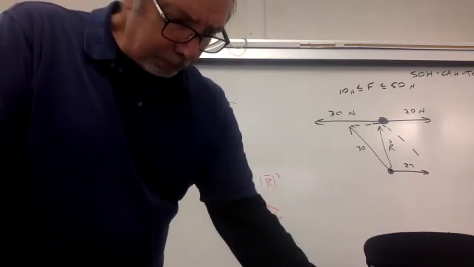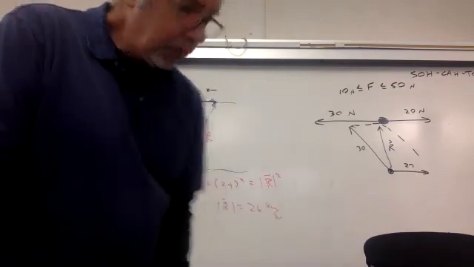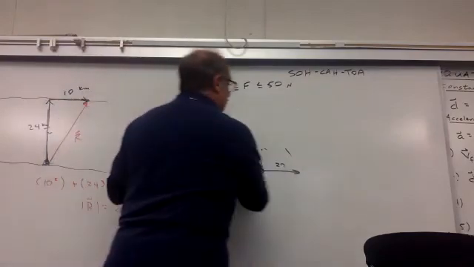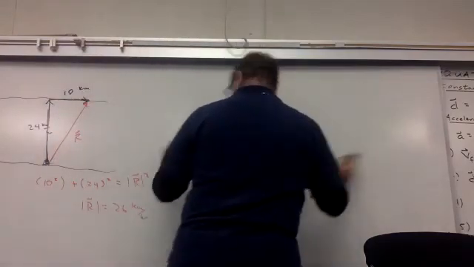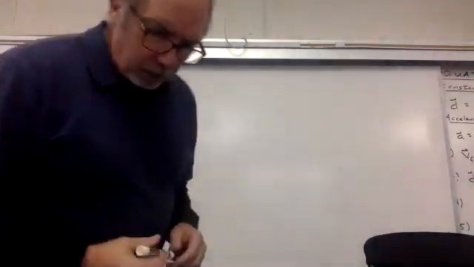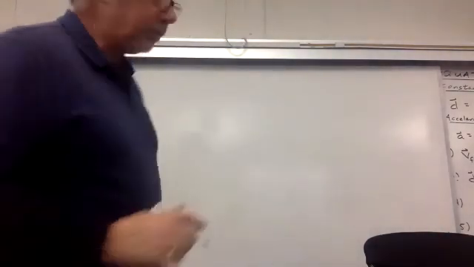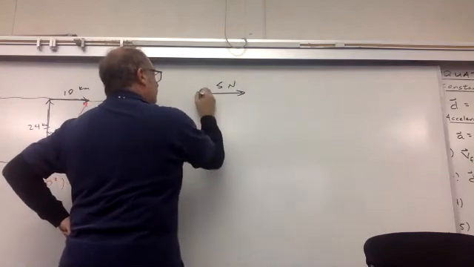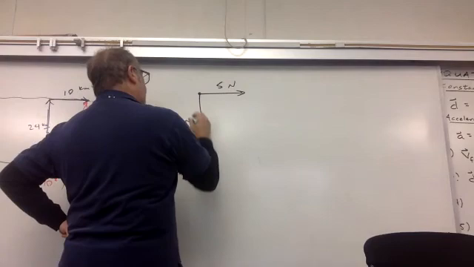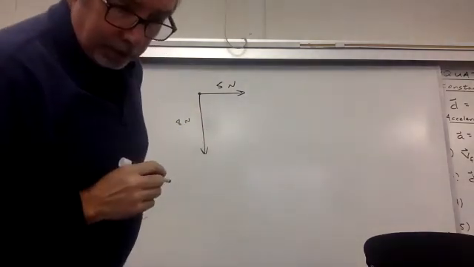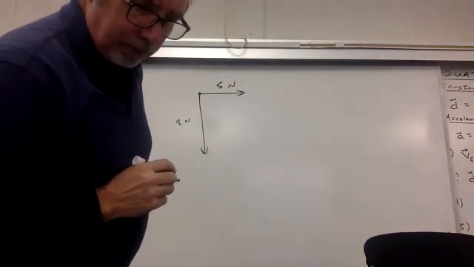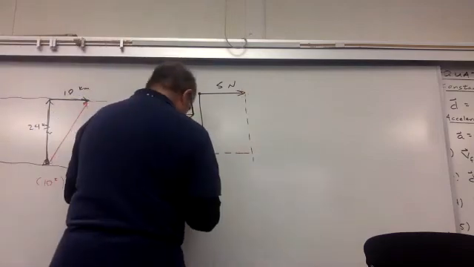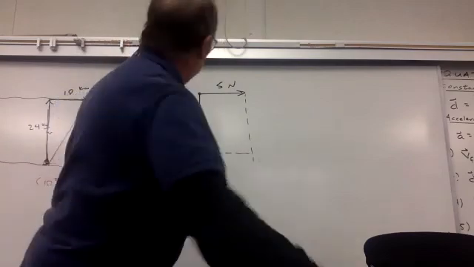10 minutes to do 2 problems. Two forces act concurrently on an object. 5 newtons at 90, 8 newtons at 180. And what is the equilibrant vector? Well, first of all, I have to find the resultant.